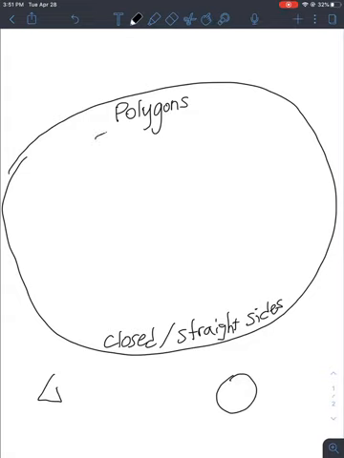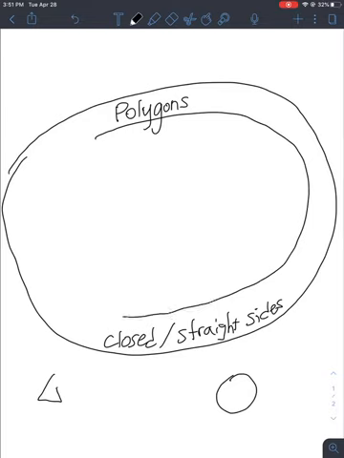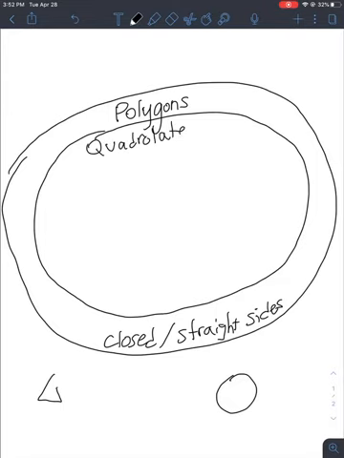Then within this definition are quadrilaterals. These are closed straight-sided shapes with 4 sides.